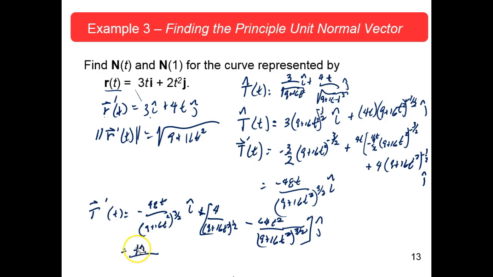That also makes it hard to follow. Okay. 12 over 9 plus 16t squared to the 3/2 power. And what does that leave you with? A minus 4ti, because if you factor out the 12 you get minus 4ti.